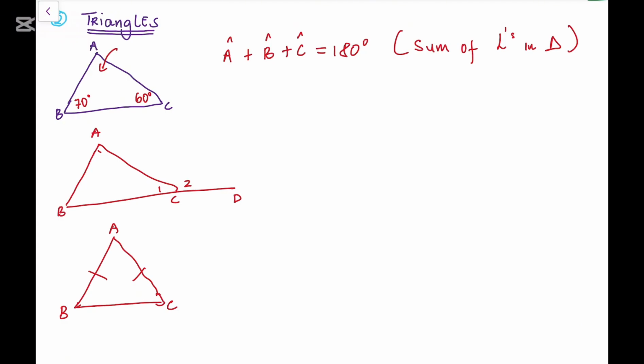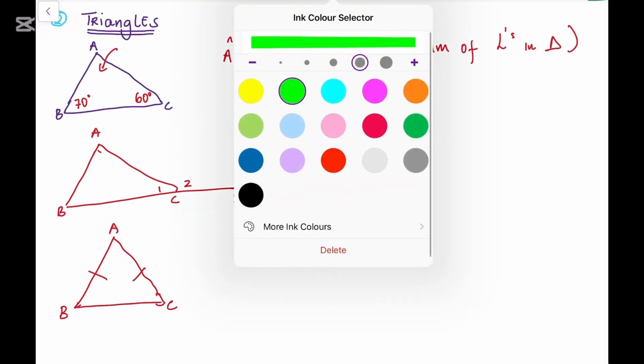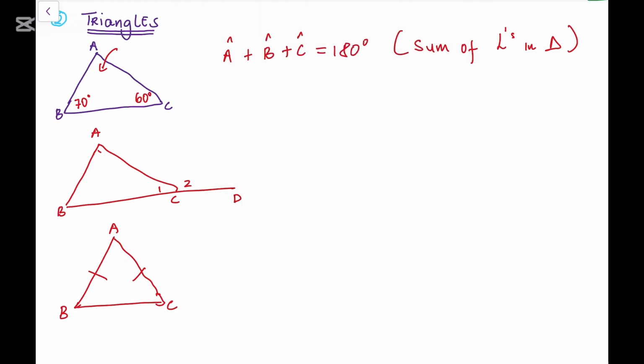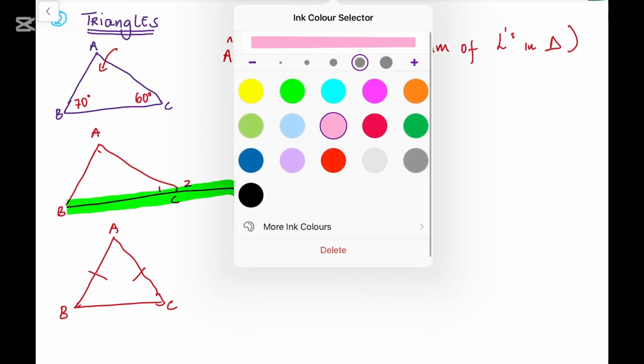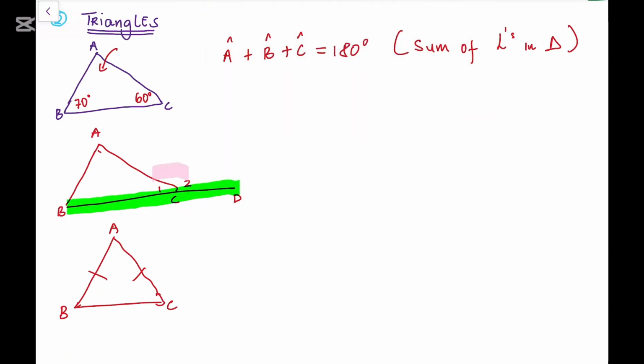And then number 2, under triangle, if line BC is now produced at D, so this line is now extended, you will notice that there is an angle that is formed here outside. So this angle here, angle C2, is the exterior angle of a triangle.